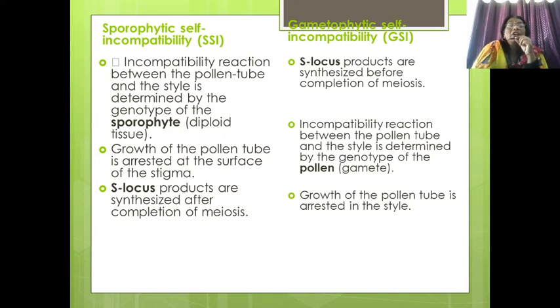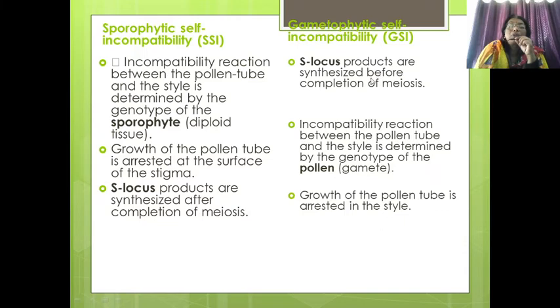In a sporophytic self-incompatibility (SSI) system, the incompatibility reaction takes place between the pollen tube and the style, and that is determined by the genotype of the sporophyte, that is the diploid tissue. Growth of the pollen tube is arrested at the surface of the stigma, and S locus products are synthesized after completion of meiosis.